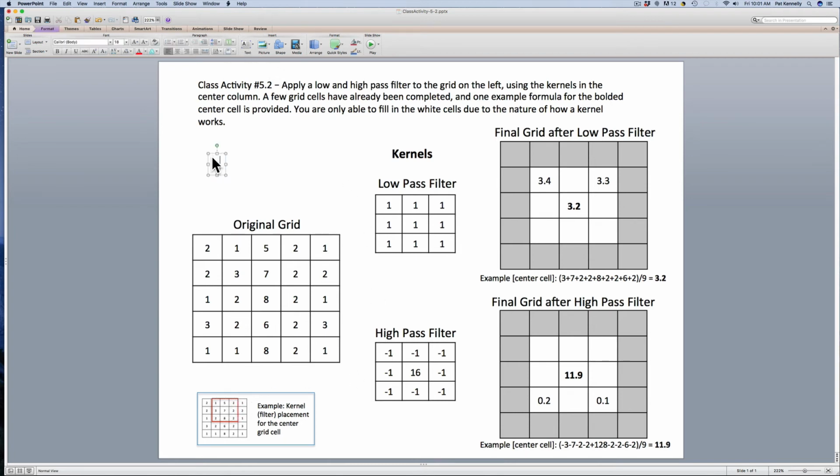So this is going to be 1 times 1 plus 5 times 1 plus 2 times 1 plus 3 times 1 plus 7 times 1 plus 2 times 1 plus 2 times 1 plus 8 times 1 plus 2 times 1, and then we would take that entire equation and divide by 9.